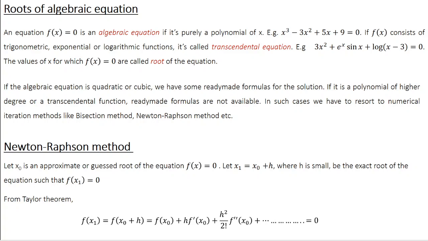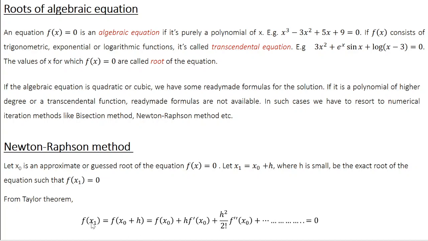That's our aim. And we are already familiar with Taylor theorem, which says that you can write the value of function at x1 in terms of the value of function at x0. Right?